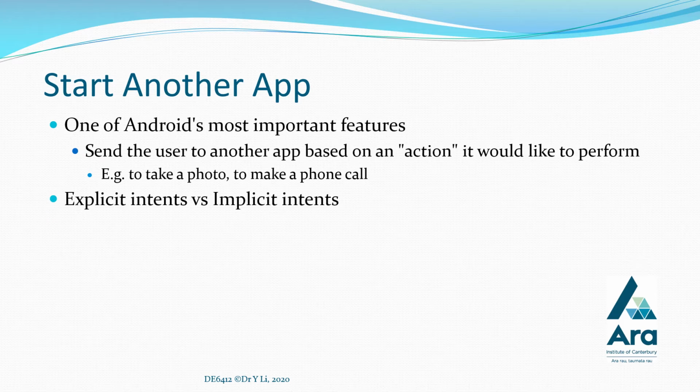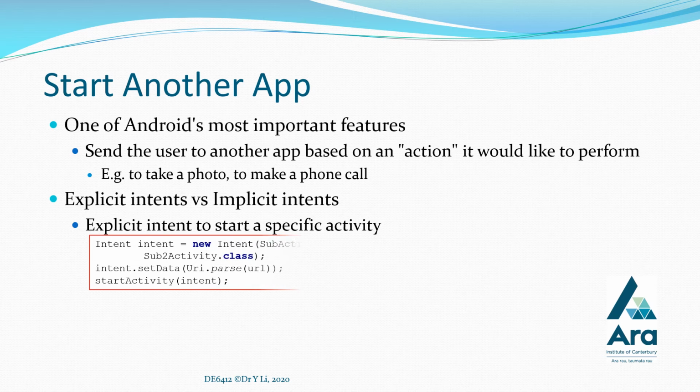There are two types of intents: explicit intents and implicit intents. Explicit intents have their target component. For example, we create an explicit intent to start an activity.